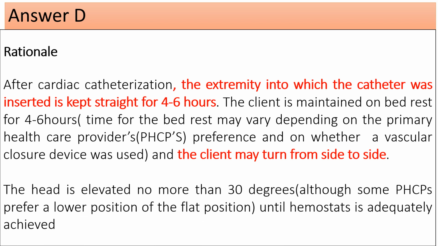The head is elevated no more than 30 degrees, although some primary healthcare providers prefer a lower or flat position until hemostasis is adequately achieved. Like I said before, I hope you got this. If you didn't, you should go back and listen to the slide again and make sure you get it.